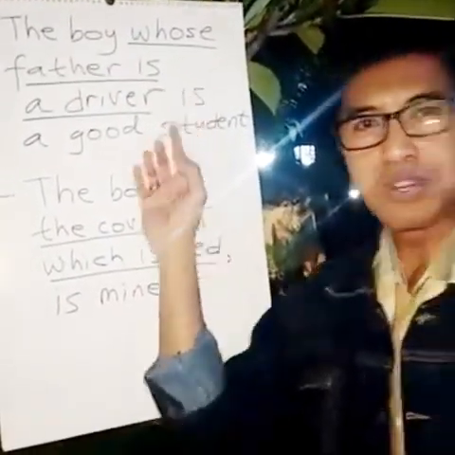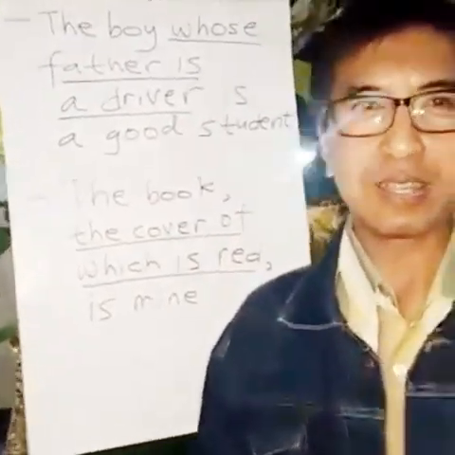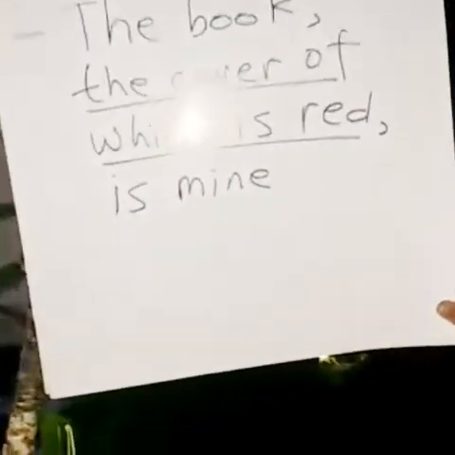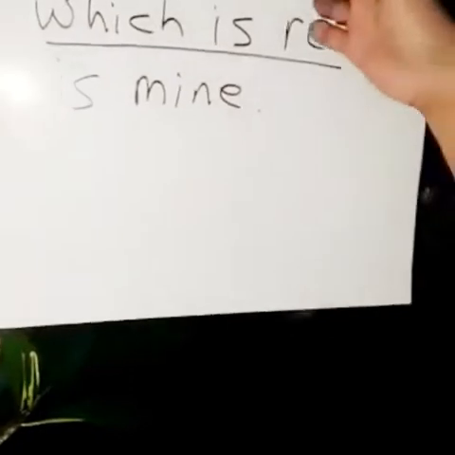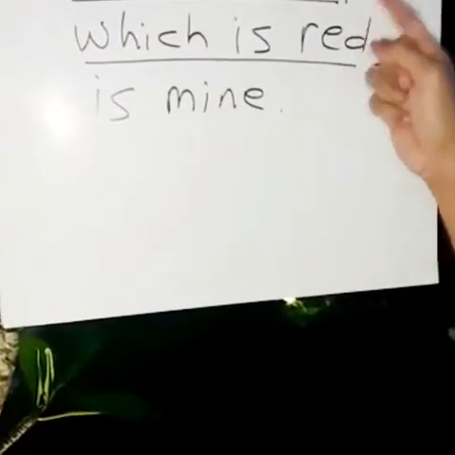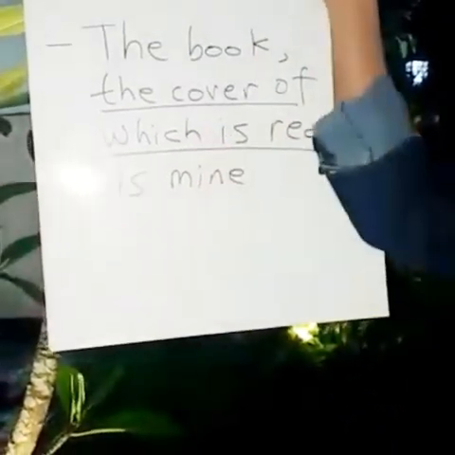Whose refers to possession. And then the last example, the book, comma, the cover of which is red. Here we have of which. Of which is the same as whose.